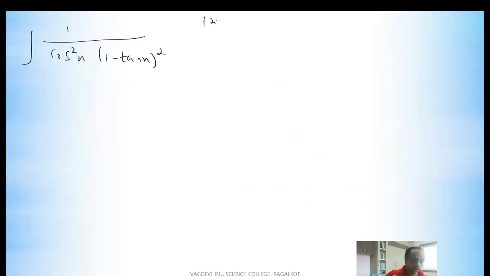Next question. From March 2019, you can easily identify which is the function and which is the derivative here. Integration of 1 divided by cos square x into 1 minus tan x whole square. 2019, 2 marks. Substitution is mostly asked for 2 marks in the question papers.